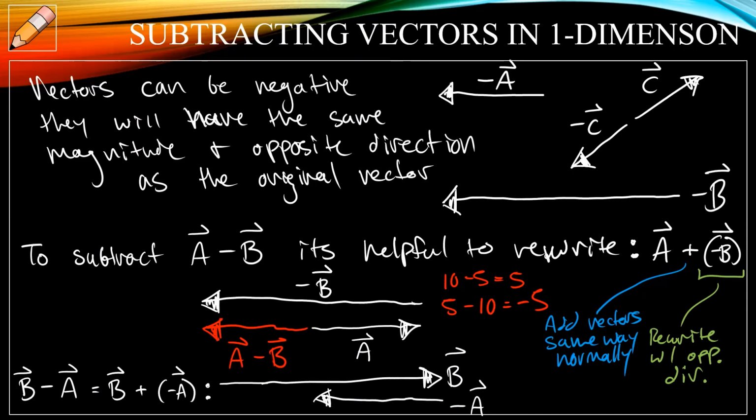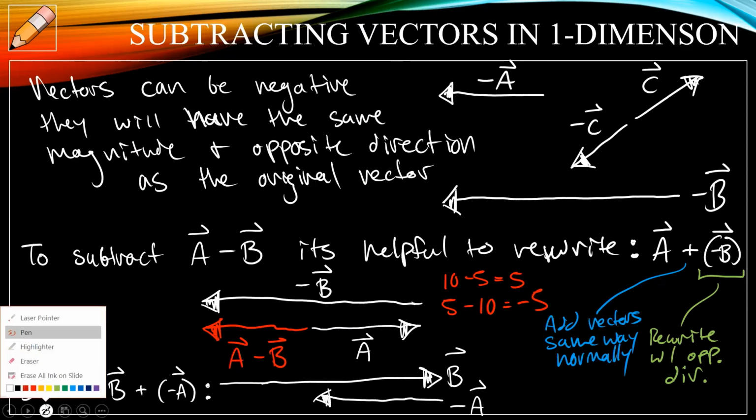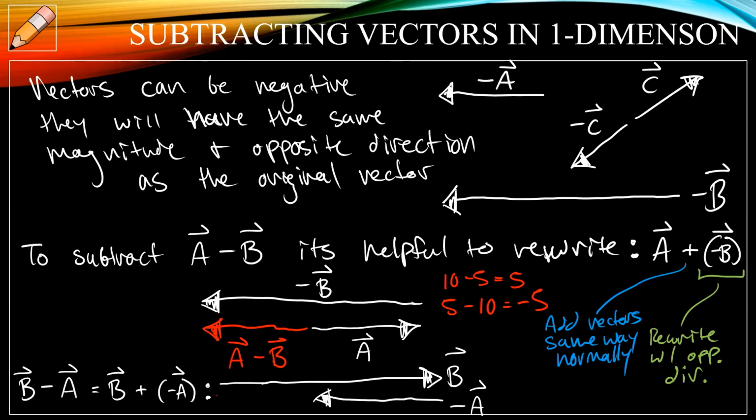And so to find the resultant vector, I go from the tail of b to the tip of a, and this is my resultant b minus a.